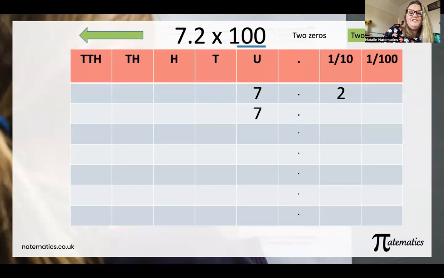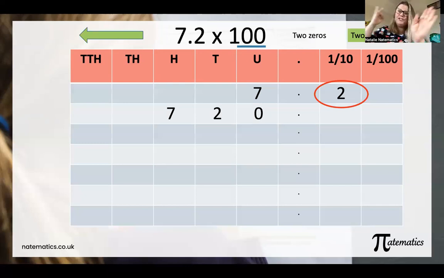And the same with the 2. It's going to do a little hoppity hop over there. And as always, we've got the blank in the units. So we've got 7 hundreds, 2 tens, not tenths, and 0 units. So it's 720.